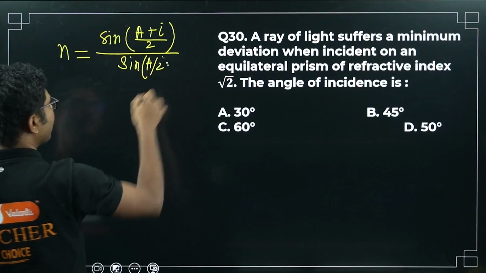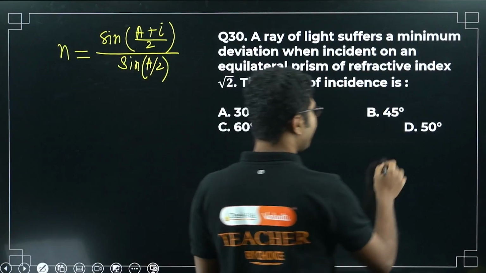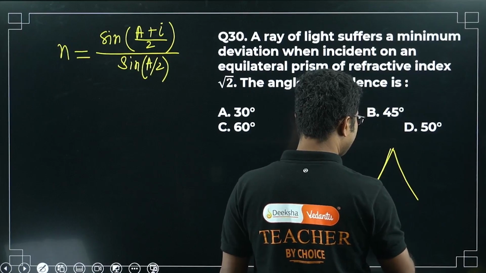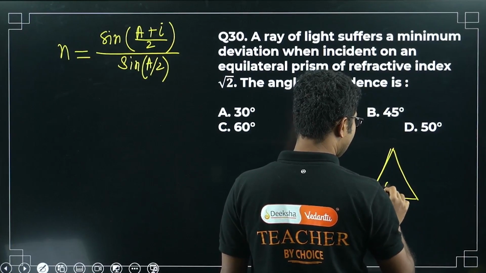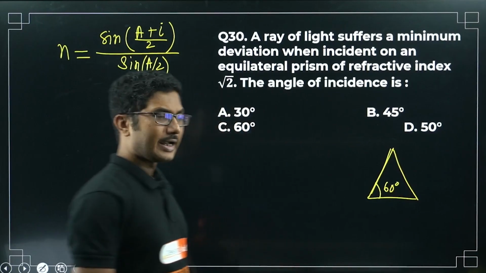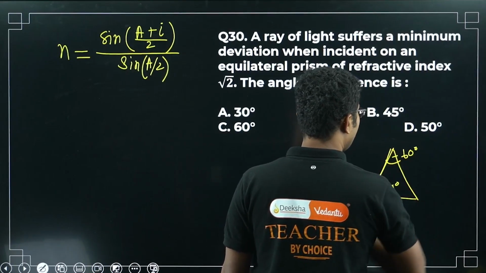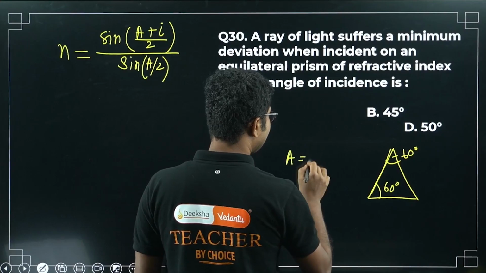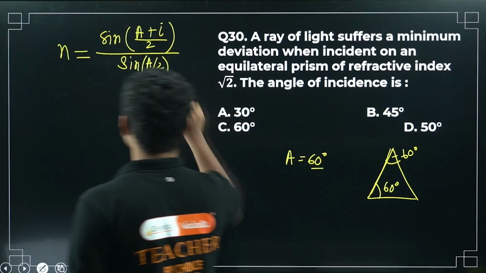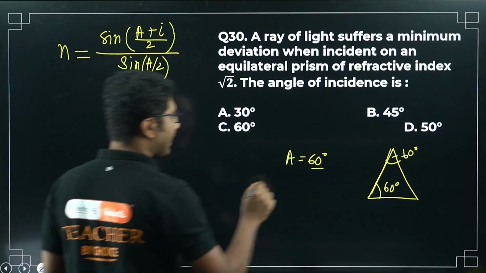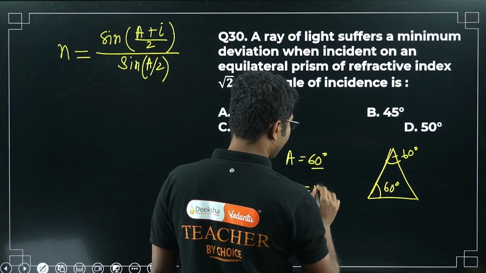This is the formula we know. Now for an equilateral prism, all the sides are the same, so all the angles are 60 degrees. So A is basically 60 degrees. We can put that value here, and the refractive index is given as √2.